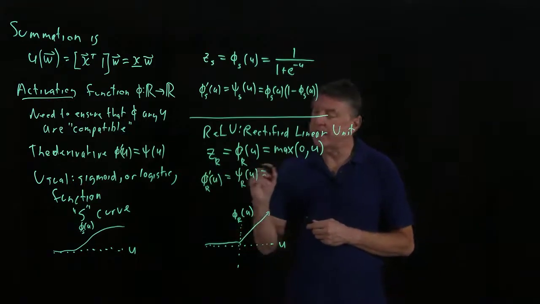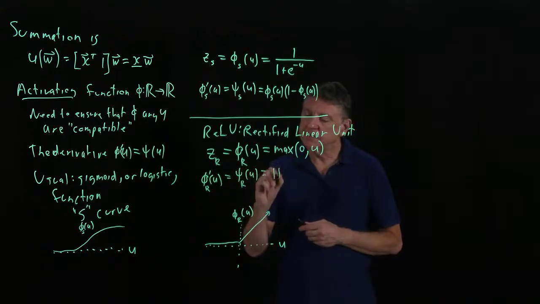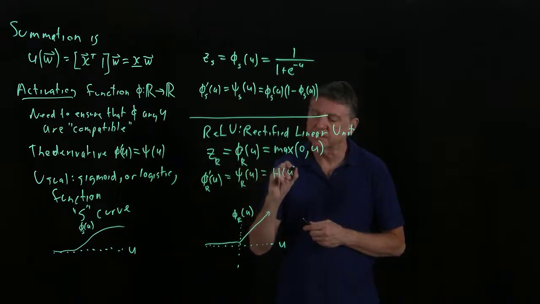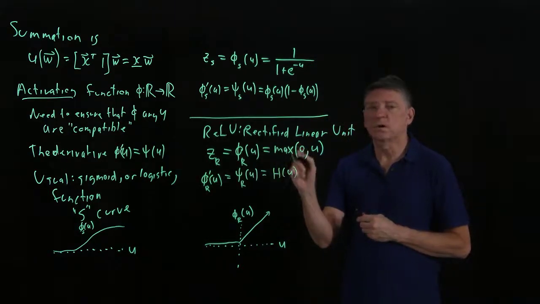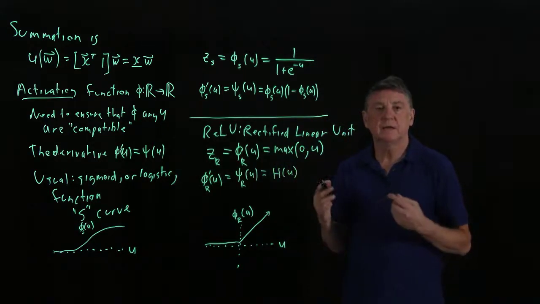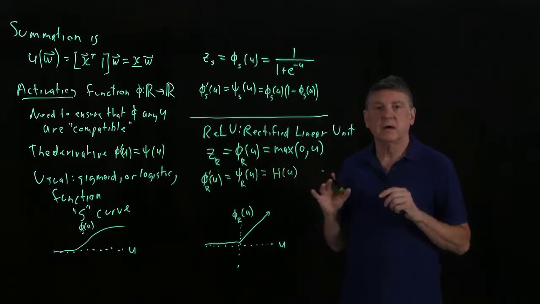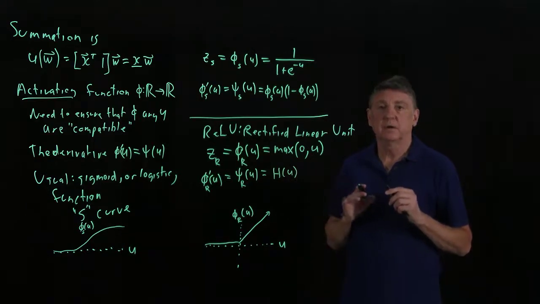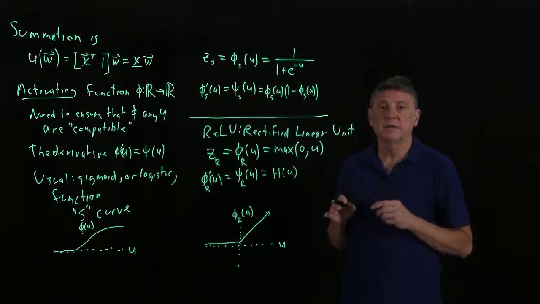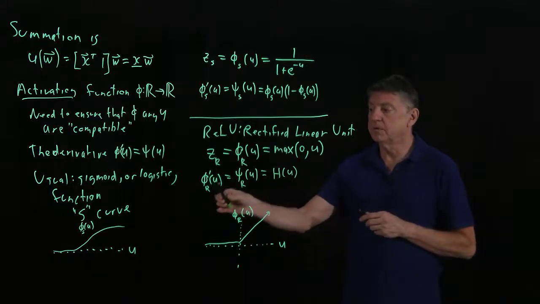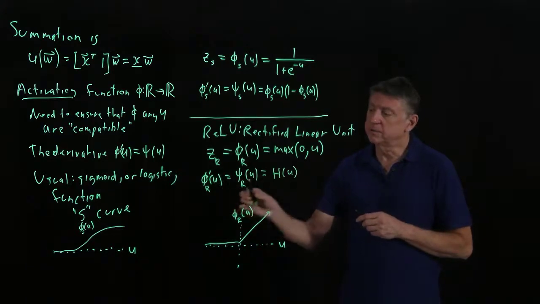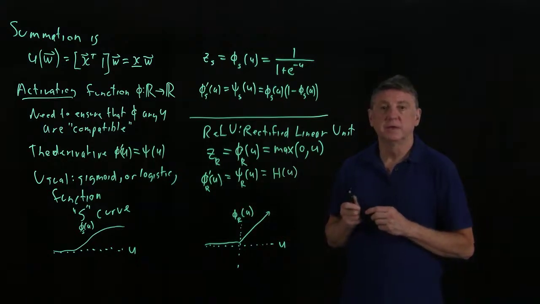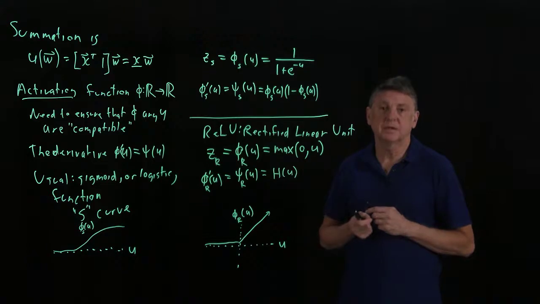We can write that derivative as the Heaviside function of the scalar variable. These two are very fast to compute, and although they are not ideal for the output layer, when you have a multi-layer neural network, it's quite common to have the internal or hidden layers using this ReLU computation because it's fast and empirically it's pretty good.